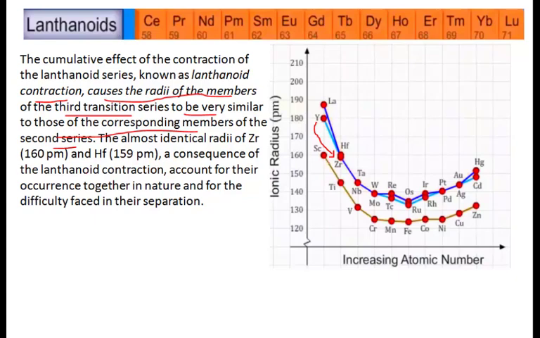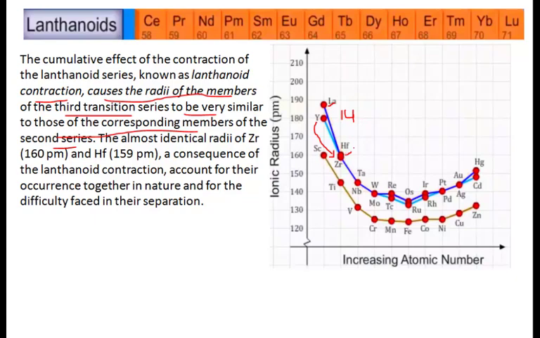160 picometers, whereas from lanthanum to hafnium there are 14 f-block elements also. So there is a steady decrease, and it is just similar: there is only entry of 1 electron in the second transition series, with that much change in atomic size, whereas 14 elements are added in the other case, and again the size decrease is almost the same.